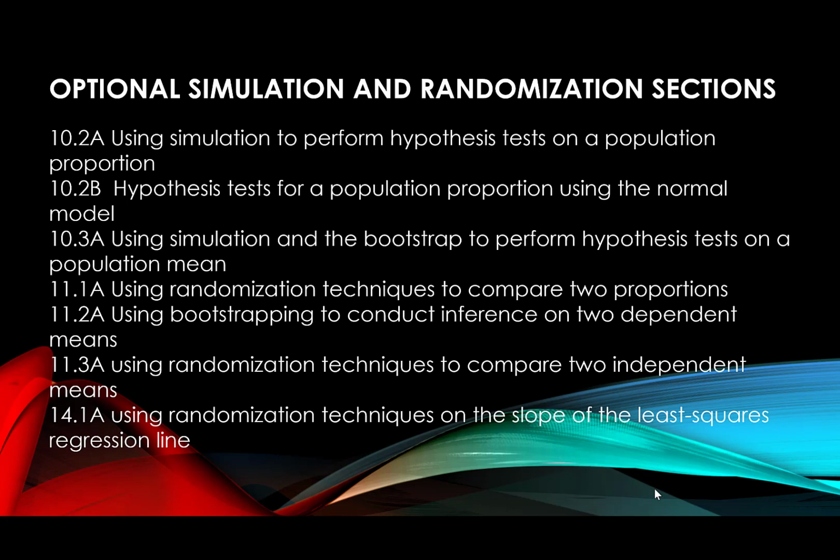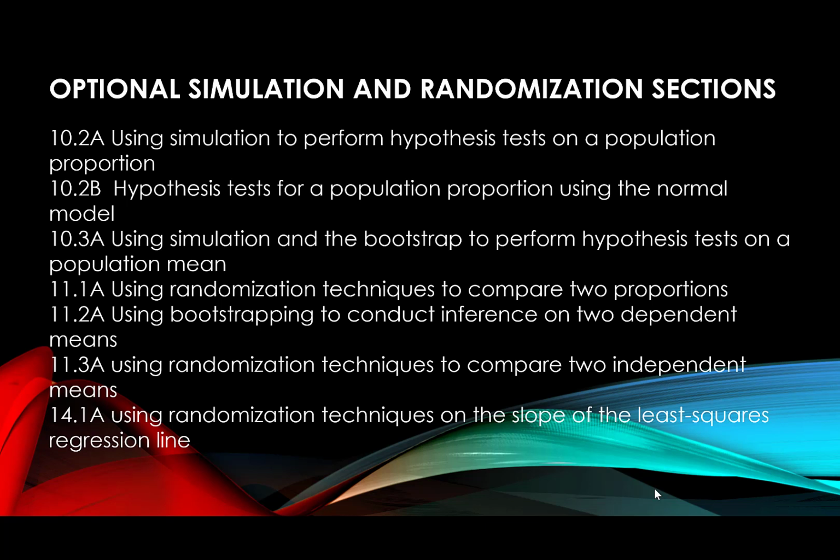We have simulation and the bootstrap method to perform hypothesis tests on a population mean, and randomization tests for testing hypotheses on two independent proportions in section 11.1a and two independent means in 11.3a. Section 11.2a uses bootstrapping to conduct inference on two dependent means.